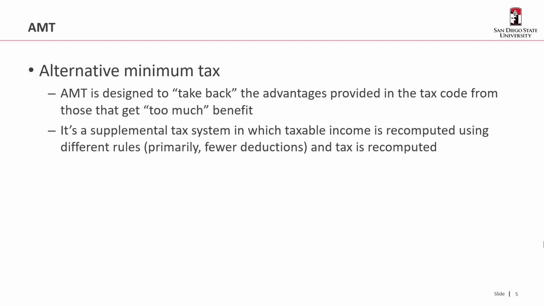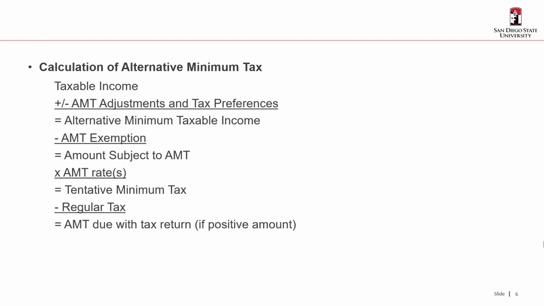So it's an entirely new supplemental tax system in which we recalculate taxable income, except we call it alternative minimum taxable income. We use different rules, and for the most part, those rules reduce the number of deductions you can take. Then tax is recomputed using a new set of schedules.